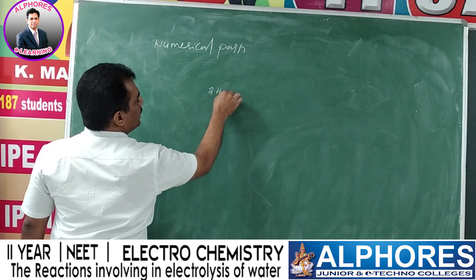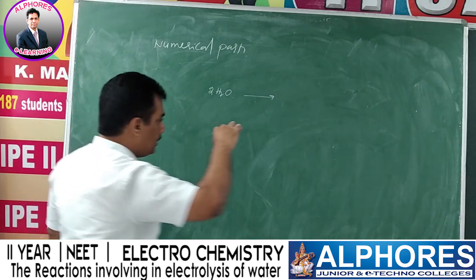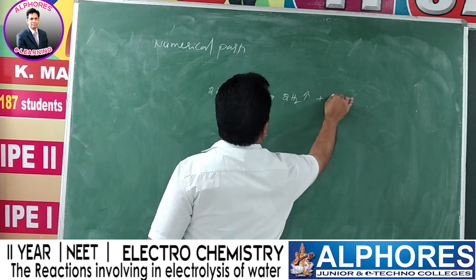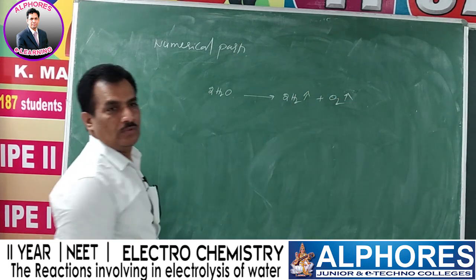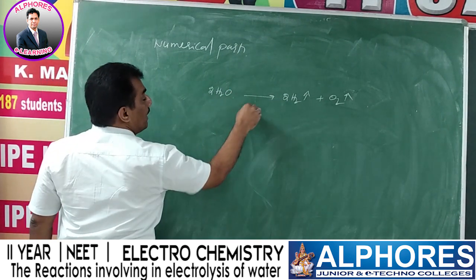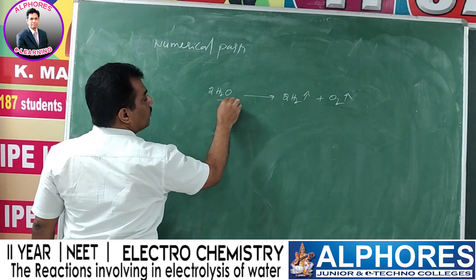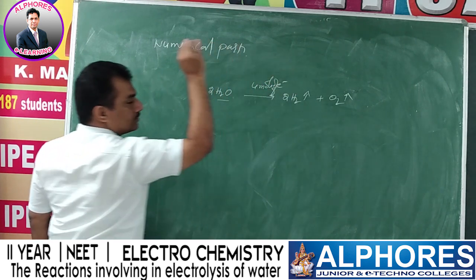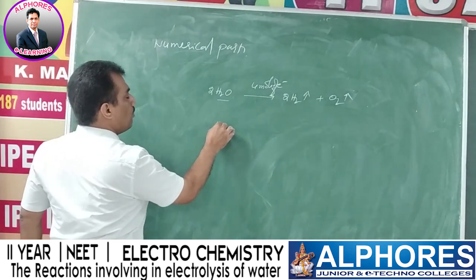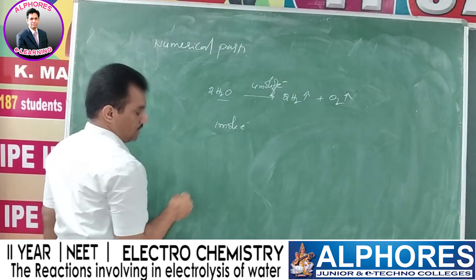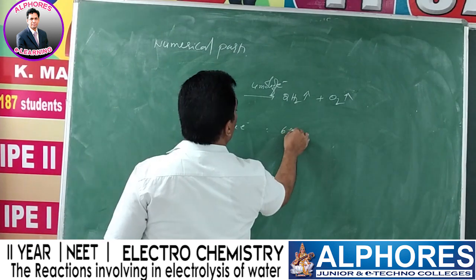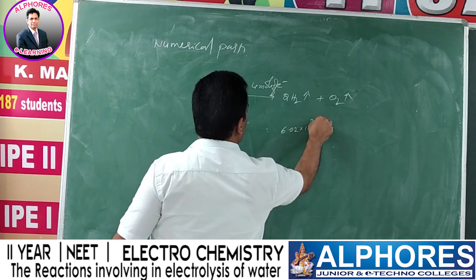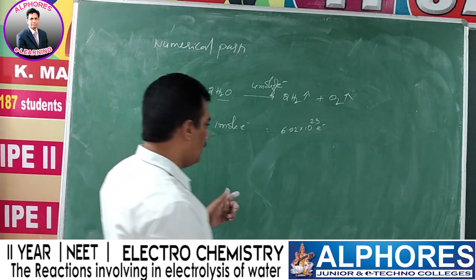Now in electrolysis, from the balanced equation we know that 2H2O splits into 2 moles of hydrogen and O2. And this electrolysis requires 4 moles of electrons for 2 moles of water. We know 1 mole of electrons is Avogadro number of electrons, 6.02 into 10 to the power of 23 electrons.